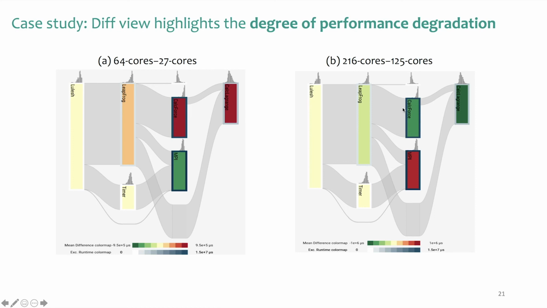The diff view clearly distinguishes not only the performance degradation, but also the degree to which the performance has degraded. In comparison to the CalcForce module, the other modules, like for example the leapfrog or the timer module or the relation module, show little performance variation.